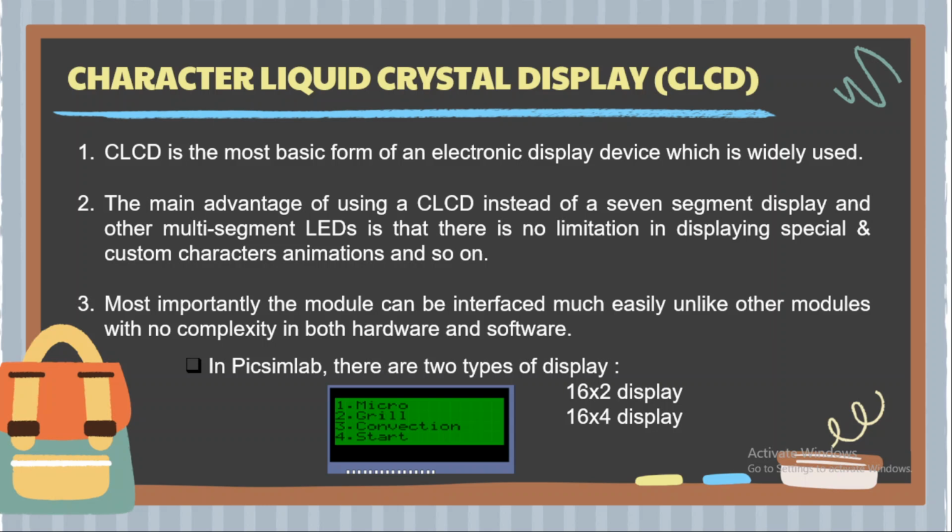Most importantly, the module can be interfaced easily, unlike other modules, with no complexity in both hardware and software. In the PICSimLab simulator, there are two types of display, 16 by 2 display and 16 by 4 display.